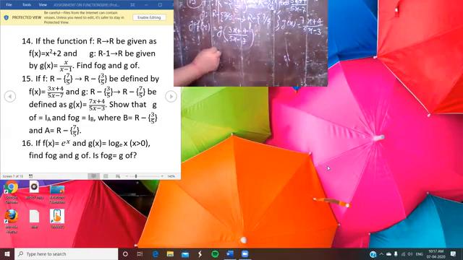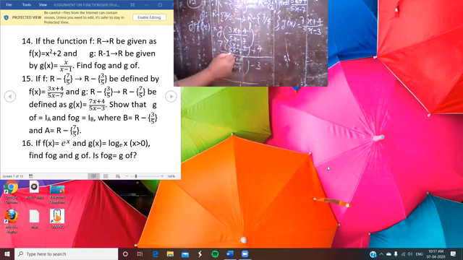So you have 7 into 3x plus 4 divided by 5x minus 7, plus 4, upon 5 into 3x plus 4 divided by 5x minus 7, minus 3. Now taking LCM, the LCM is 5x minus 7.